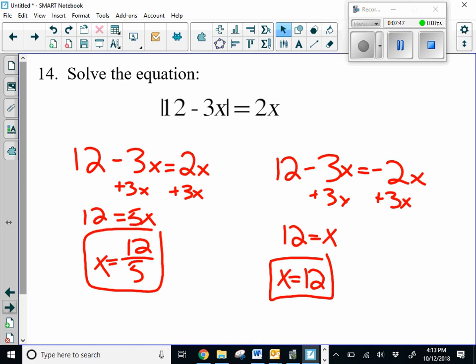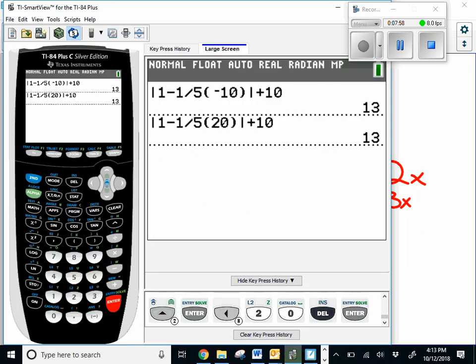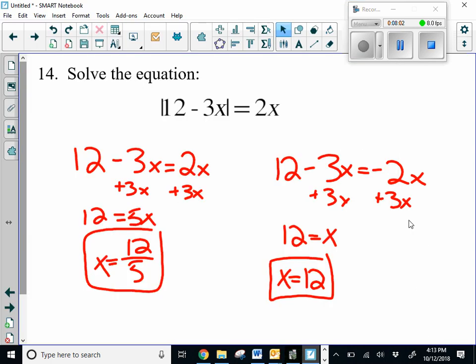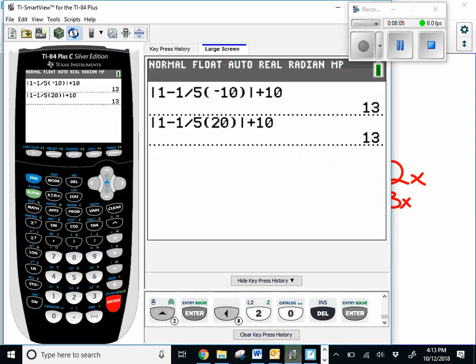So in this case, if we plug in that 12 over 5, let me go to my calculator. So we would have, forgot, what was it? 12 minus 3x. So you go absolute value.